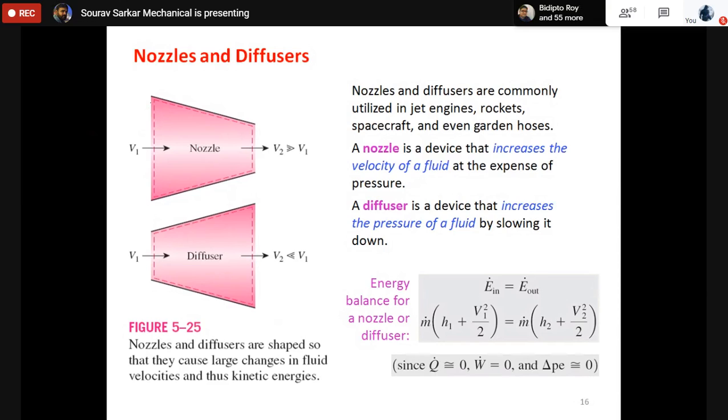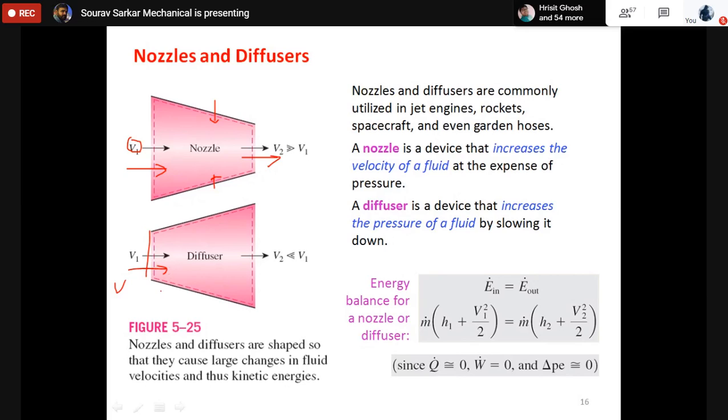A nozzle is basically a control volume where some fluid is entering with a low velocity. You are continuously reducing the cross-sectional area, so you can get a high velocity. So it is basically a device that increases the velocity. There is another device that is basically called a diffuser, where the incoming velocity is high.